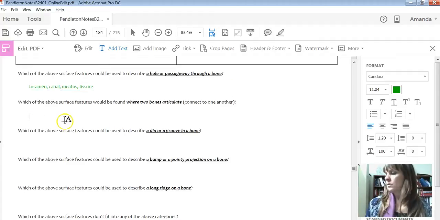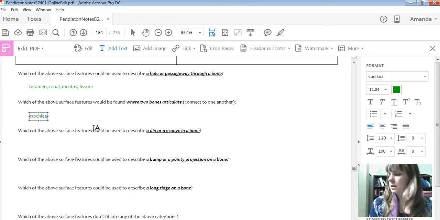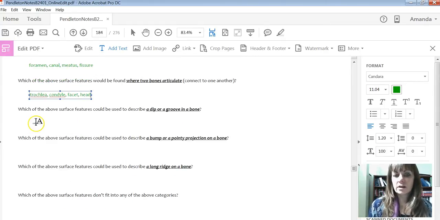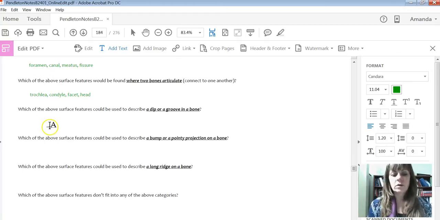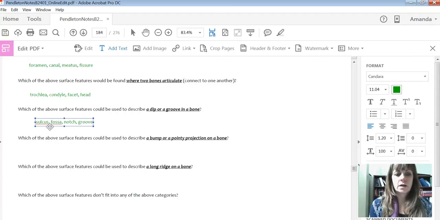Features that we're always going to find at joints are the trochlea, condyles, facets, and heads. Surface features that are a dip or a groove in the bones are a sulcus, a fossa, a notch, and a groove.